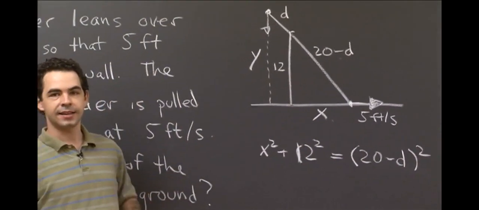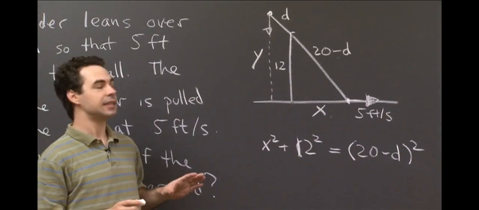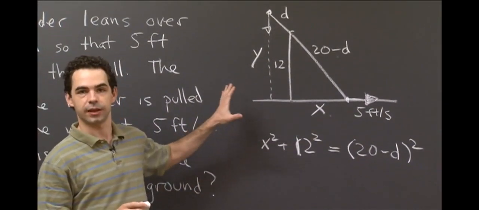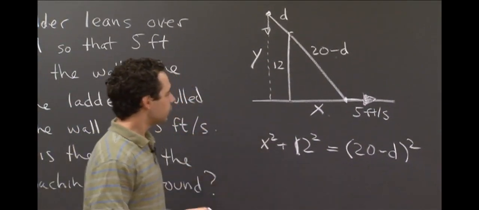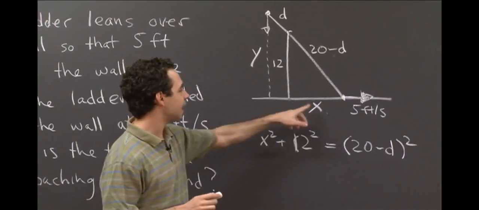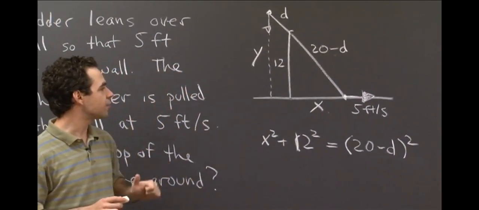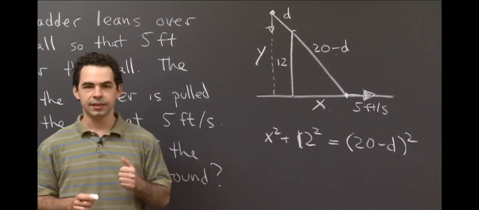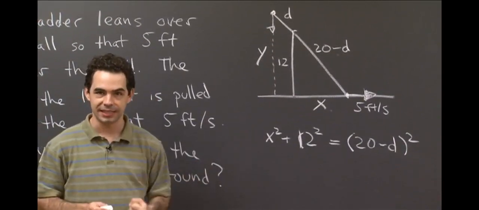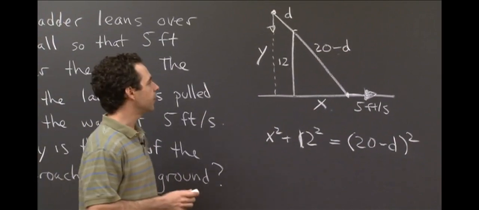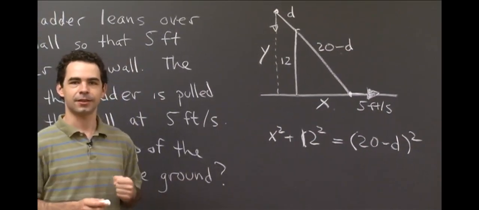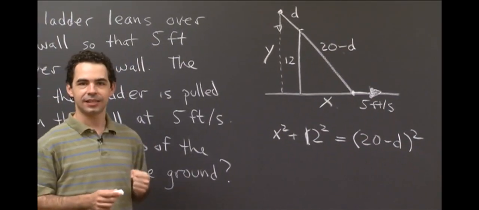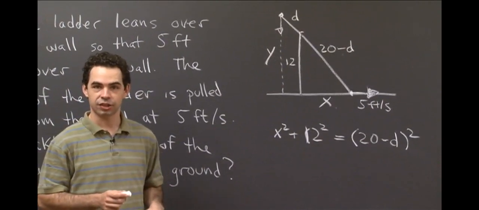So that's one identity we have that relates these three quantities. That's good, because we know how fast x is changing. With this identity, we can use related rates to figure out how fast d is changing as well. That'll be a step in the right direction. But what we actually need to know is how fast y is changing.